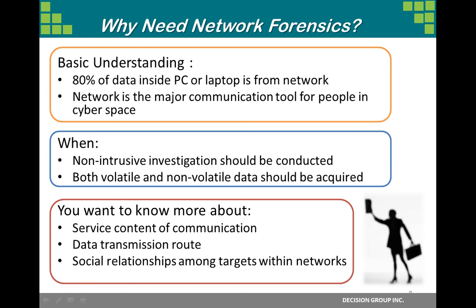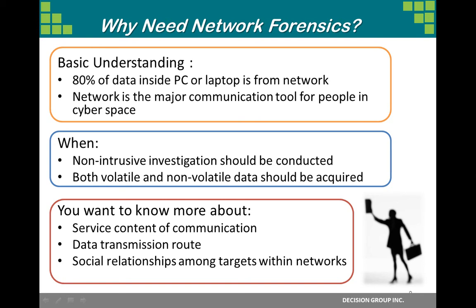Now, why is this important, or why do you want to be able to do this? Because there's a lot of content in the communication, and if we can capture that content, that's the easiest way to detect if there's any problem going on.